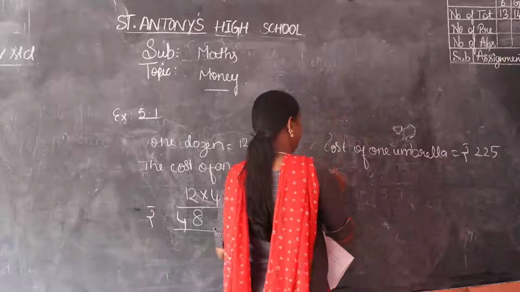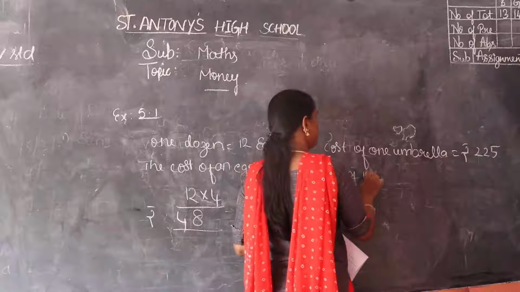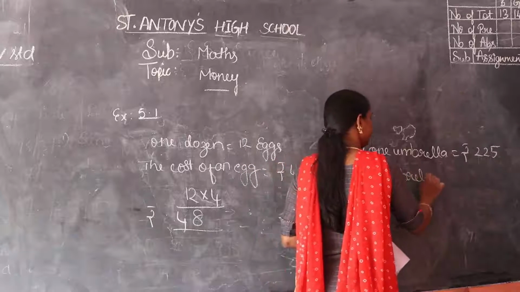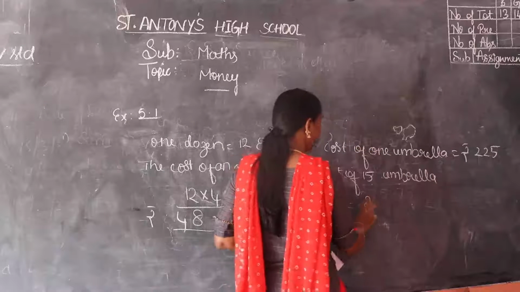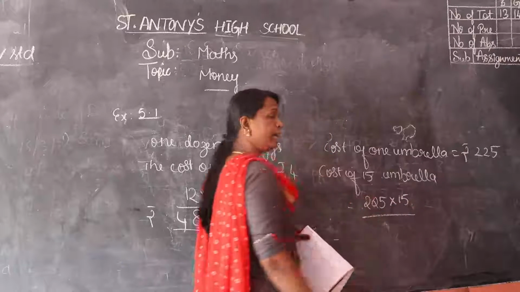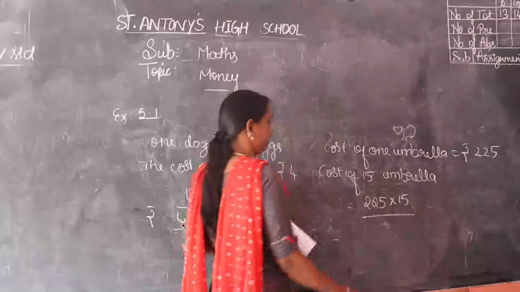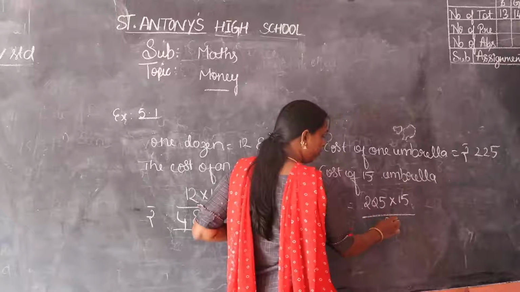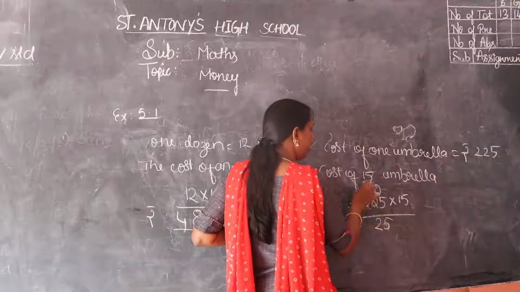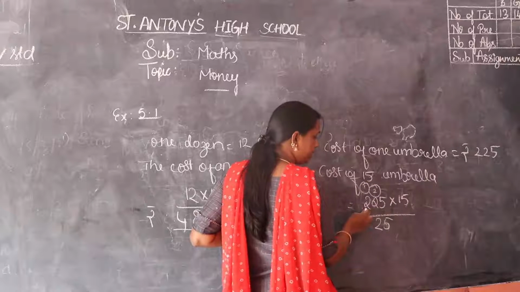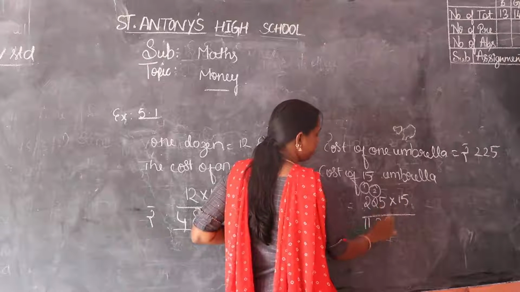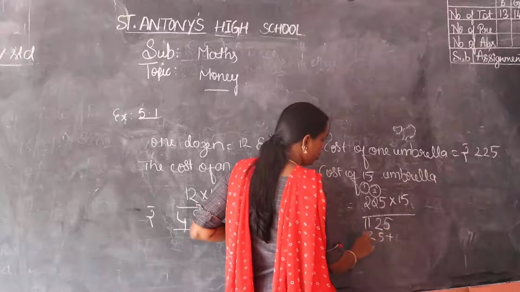So the cost of 15 umbrellas: write down 225 into 15. 5 fives are 25. Write down 5 here, 2 carry. 5 twos are 10. 10 plus 2, 12. 1 carry. 5 twos are 10. 10 plus 1, 11. And then 5 ones are 5. 1 two is 2. 1 two is 2.